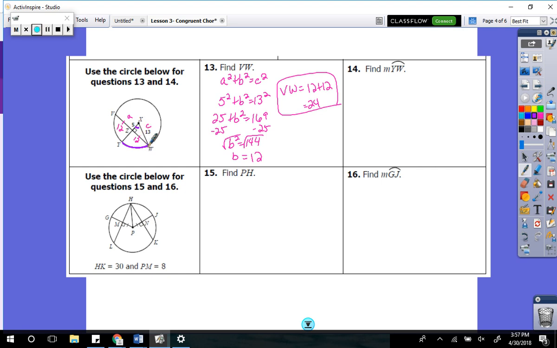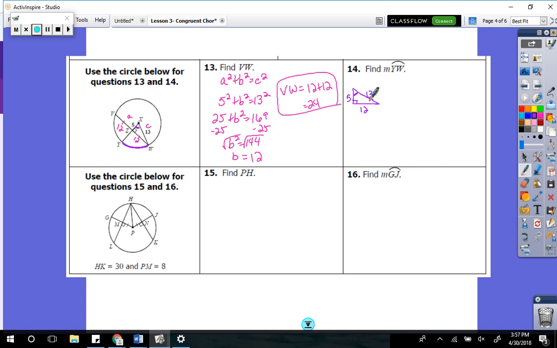Because we know these little measures are the same, we're going to look at it like this. This is the angle measure that we're looking at. We know that we got 5, we know that we got 12, and we know that we got 13.